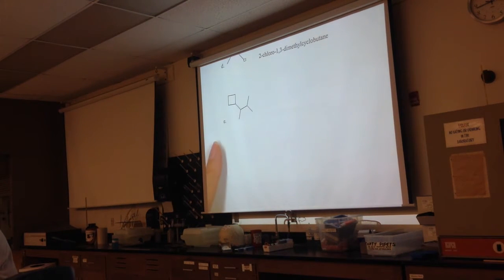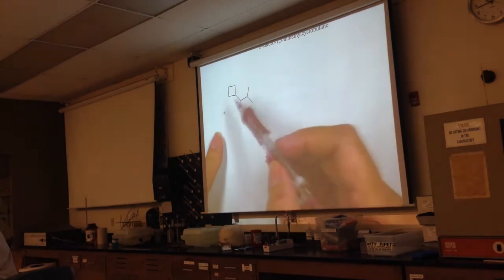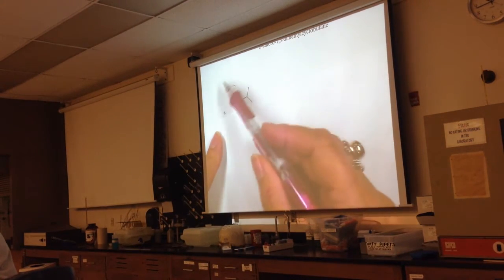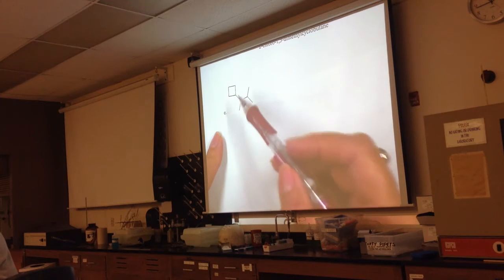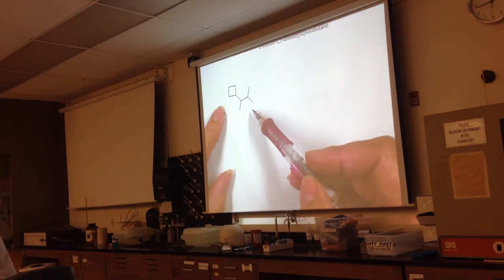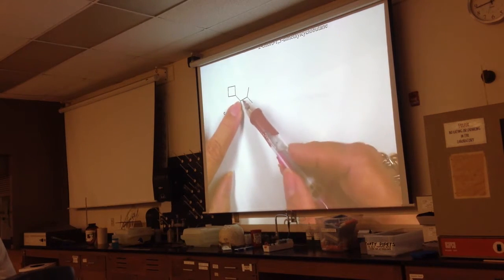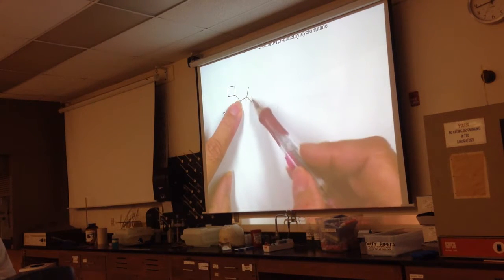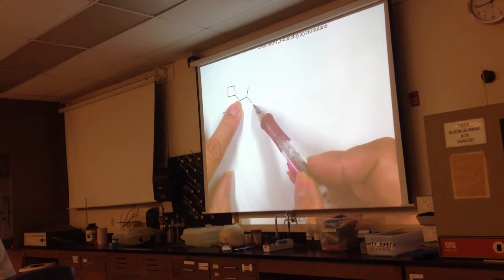If you look at the ring, it is 4. And if you look at the longest chain, it is 4, right? But if the ring is the parent, and you can start the point of attachment right there, then that 4 is converted to a 3.